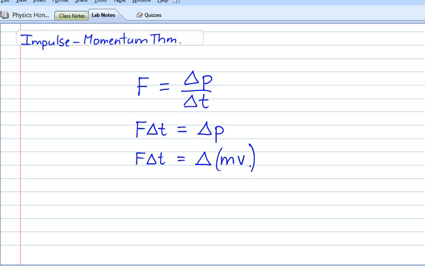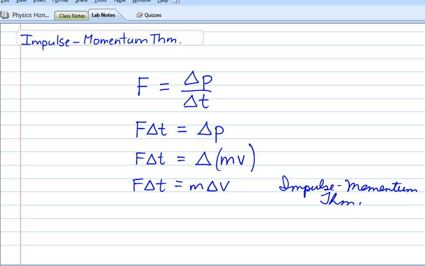And well, most of the time we don't really think about mass changing, so at least for right now we can write this as F delta t equals m delta v. So basically what this says is that if you apply a force for a certain amount of time, it will cause a mass to change its velocity. And this is what we call the impulse momentum theorem.